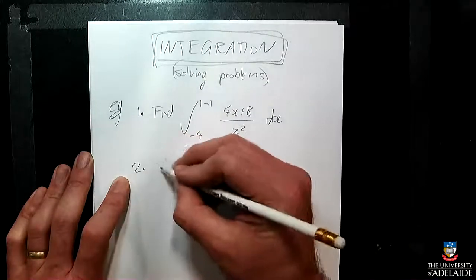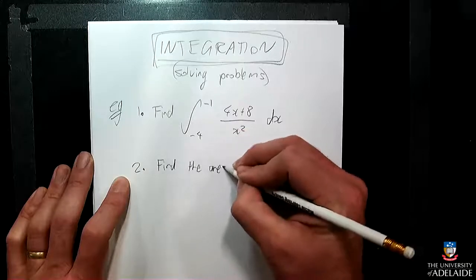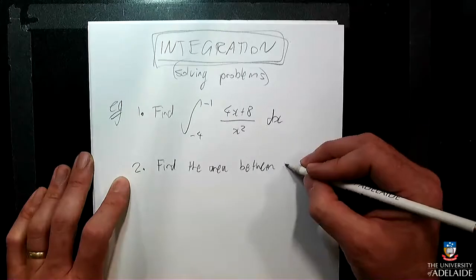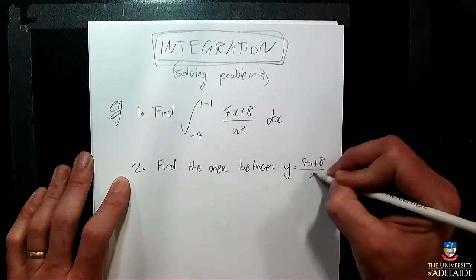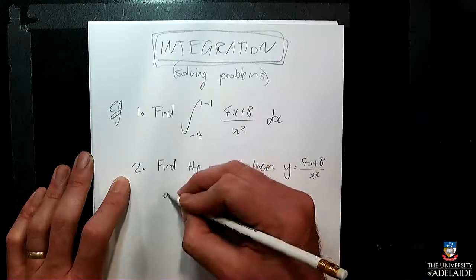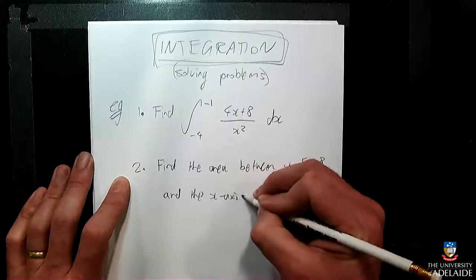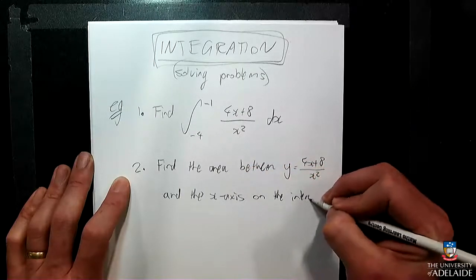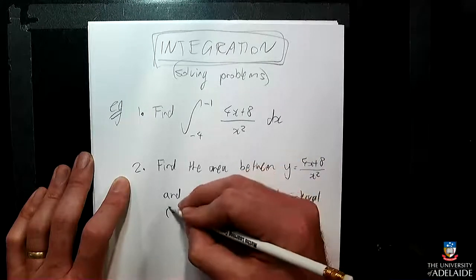And number two is going to be: find the area between y equals 4x plus 8 over x squared and the x-axis on the interval -4 to -1.